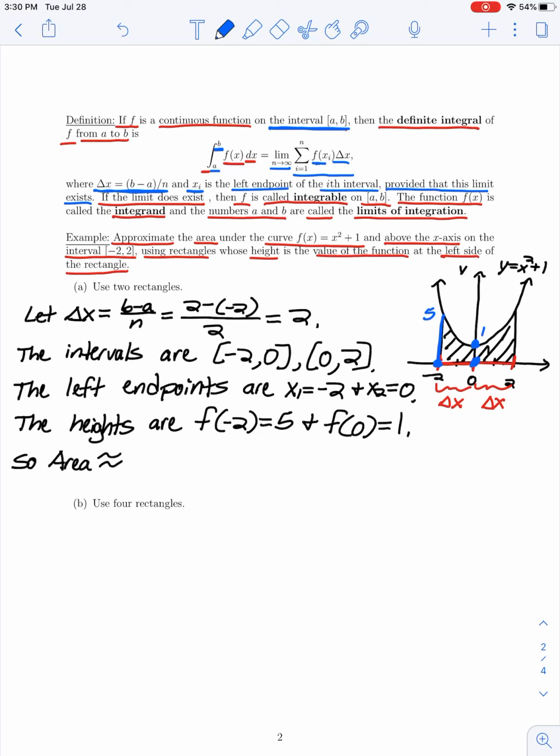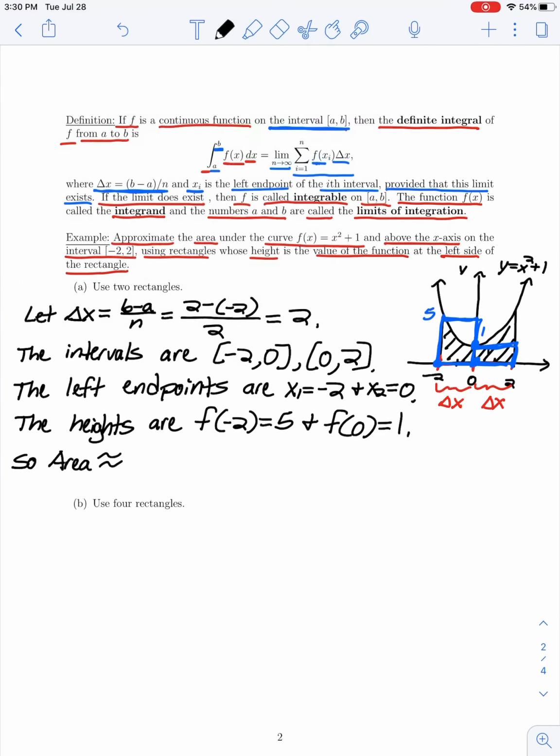So we're taking the rectangle which has the width of delta x and whose height is given by the value of the function at these left endpoints. So we have these two rectangles. We're going to add up the area of those two as an approximation of our shaded area. And we can see from our figure here that it's probably not the best approximation.